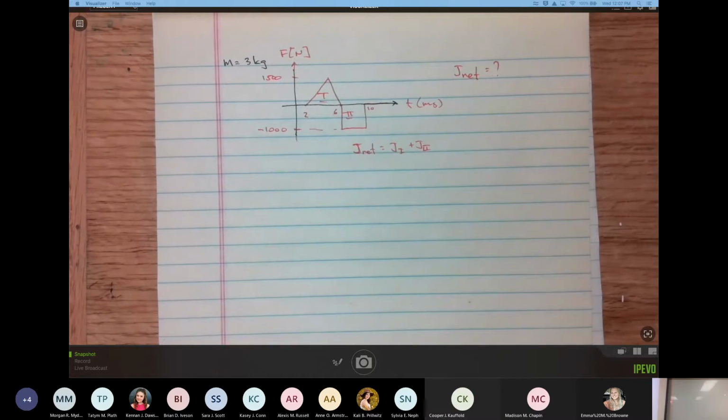Check the time from 2 seconds to 6 seconds. Hold on a second. We just want the impulse.